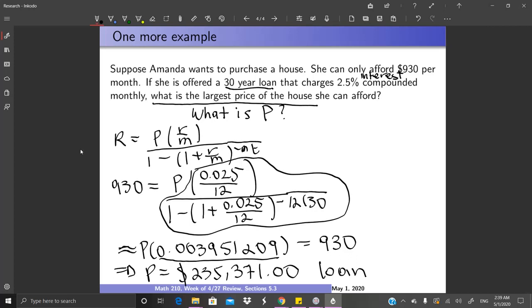So you want to be able to find either, whichever one the question is asking you for. Just know that the equation you're supposed to use is this right here. That's the formula you want to use. You want to make sure you know the difference between R and the difference between P. Okay, this is all you need to know for 5.3.